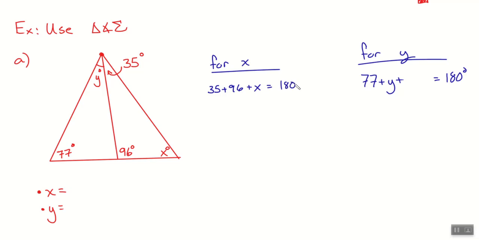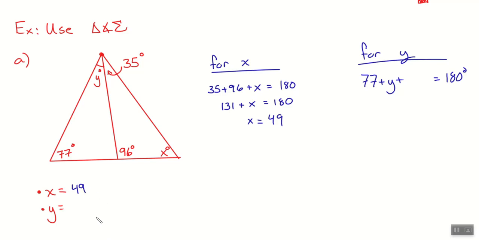How many of you did something similar? Cool. 35 plus 96 is 131. 131 plus x equals 180 after we combine like terms. Now I subtract 131 from each side, and I get 49. Okay, x is 49.